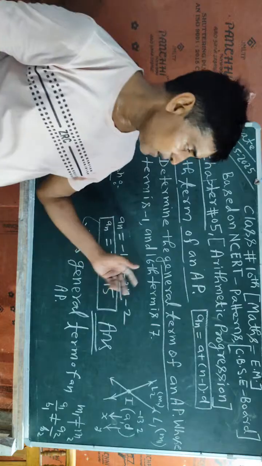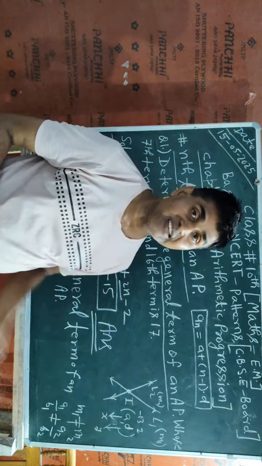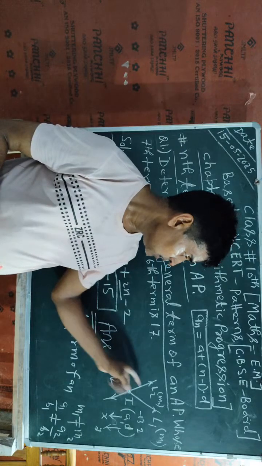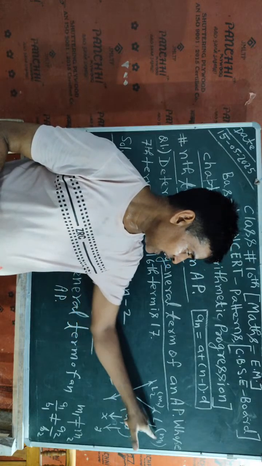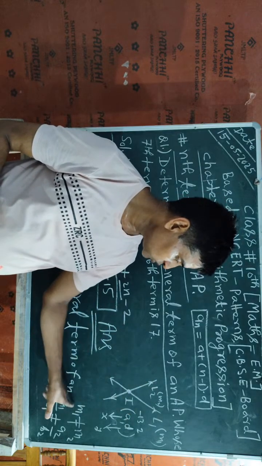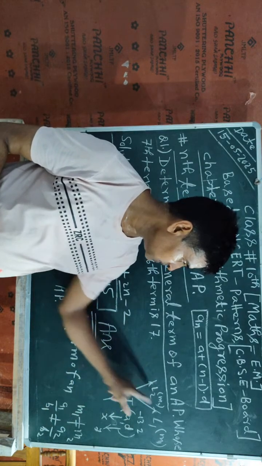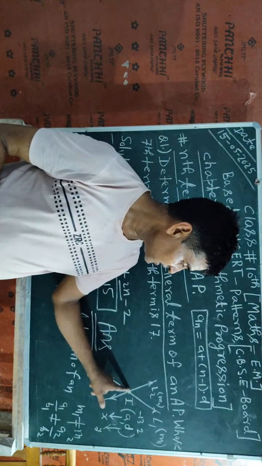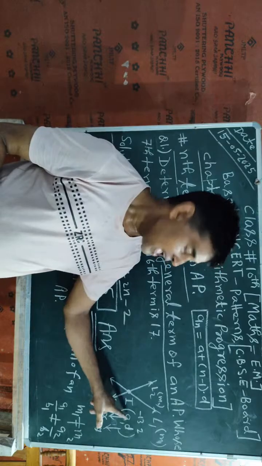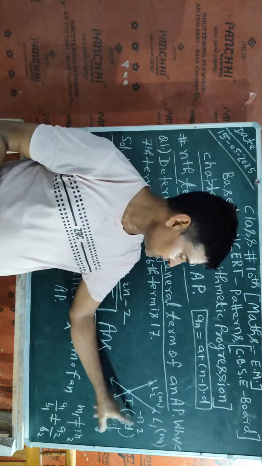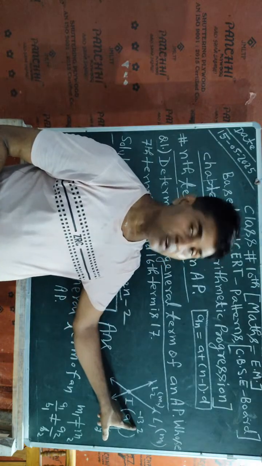First of all, you have to get the value of A and D. It means that both lines are not parallel to each other. Means I will say line L1 has slope M1 and line L2 has slope M2. It means that both slopes are not equal to each other. It means that both lines are intersecting at a point, and that point of intersection I have calculated, and after calculating I have got the value of A, which is equal to minus 13, and the value of D, which is equal to 2.